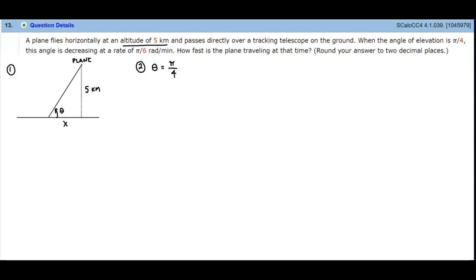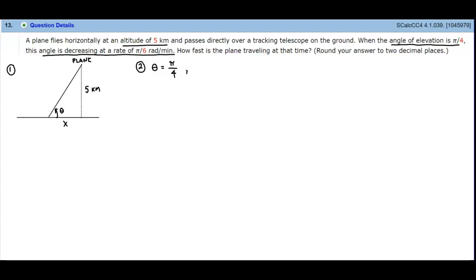That's the angle of elevation, and this angle is decreasing at a rate of pi over 6 radians per minute. If it's decreasing, we know it's going to be a negative value, and the rate is considered that slope.